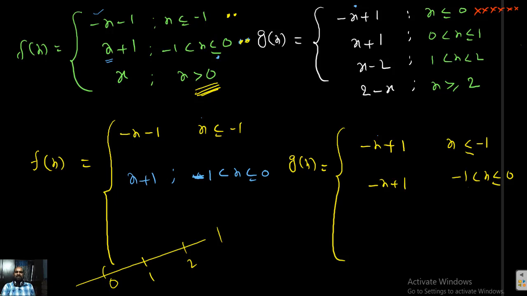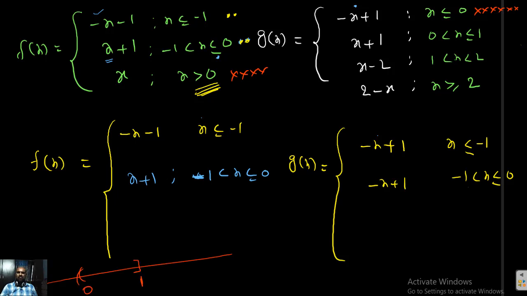Then we will get the result. I will show you, students. We just need to split this. So how many pieces? Again I want to write 0 to 1 closed as 1 piece, 1 to 2 open as another piece, 2 to infinity as another piece.